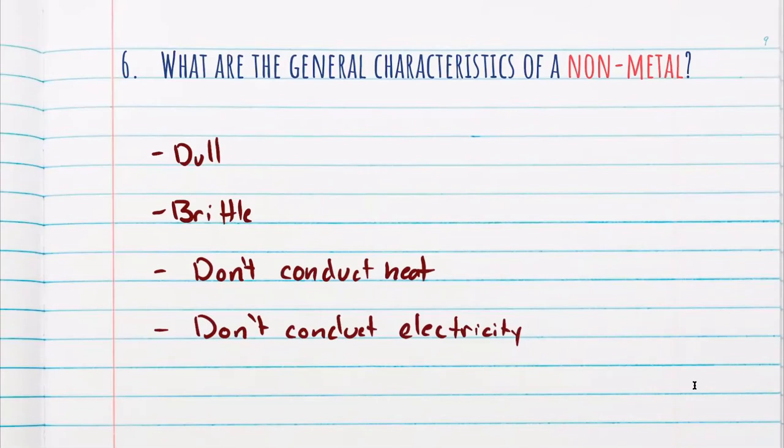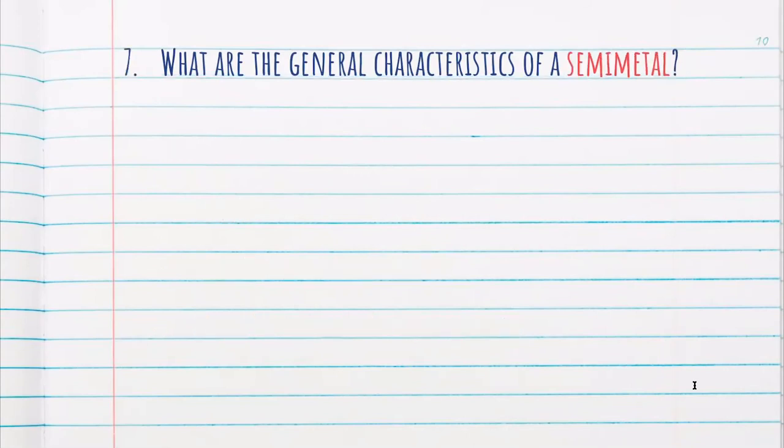Now there's one more group, and they're the semimetals. What are the characteristics of semimetals? Well, they're somewhere in the middle. While semimetals are shiny, they're also brittle, so they can break easily.